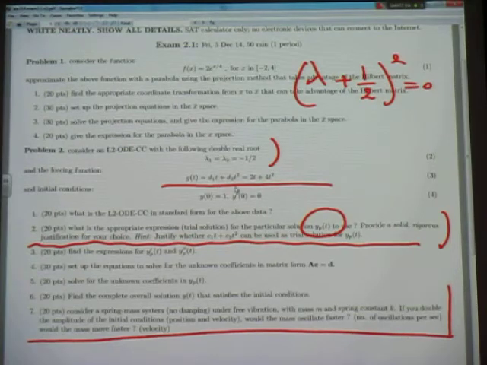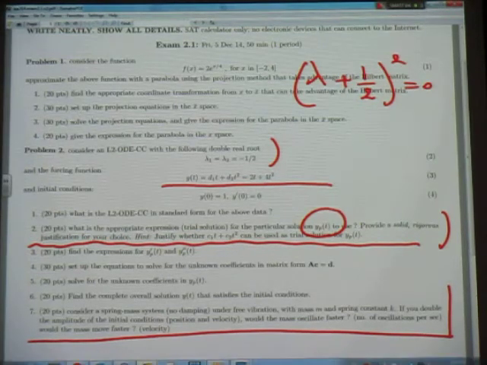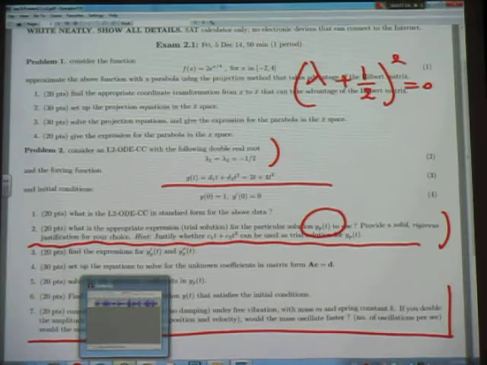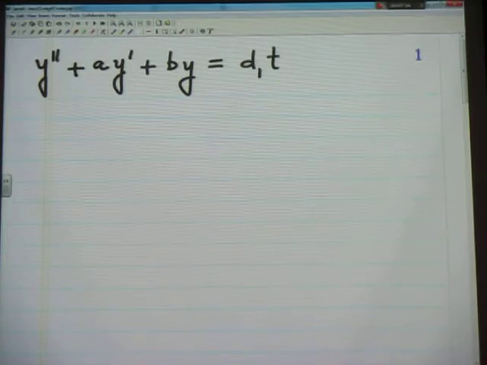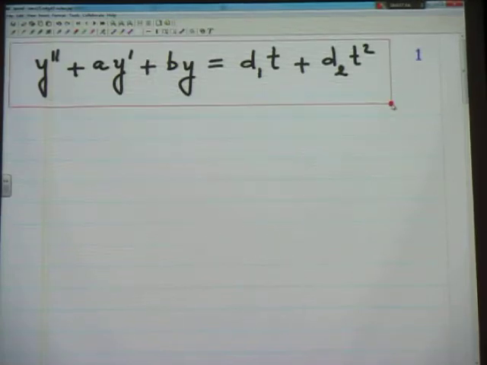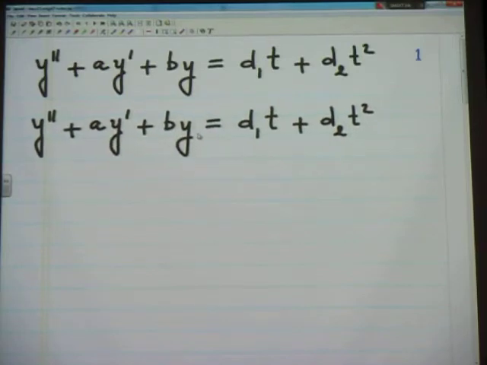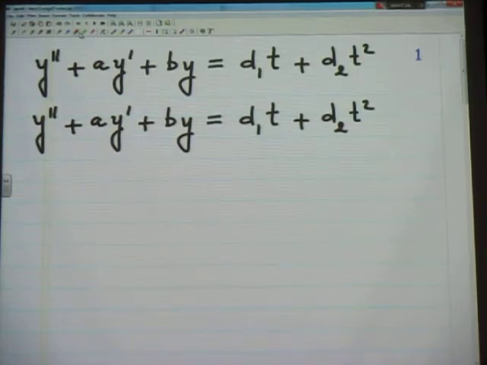So d1 t, d2 t squared, with d1 equal to 2 and d2 equal to 4. I just want to write here in more general form, right? So for the particular solution, of course, you use the same ODE, but with y replaced by yp, right?